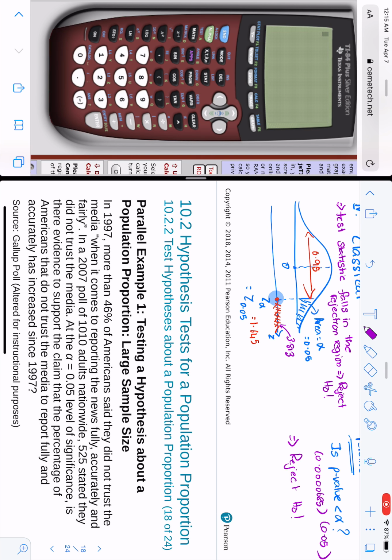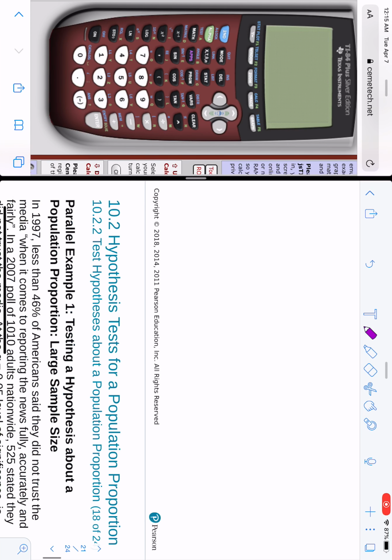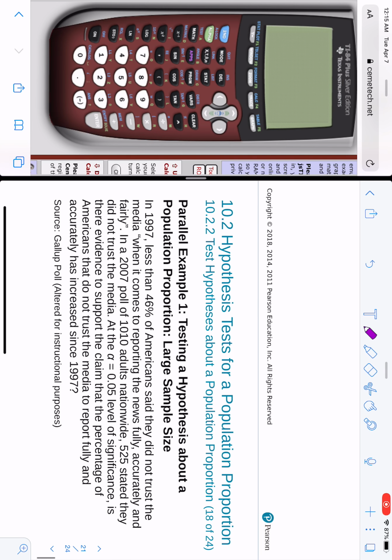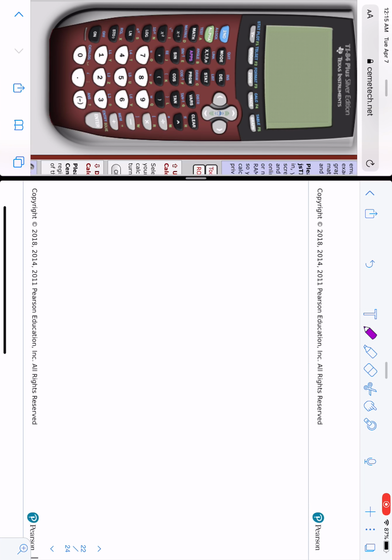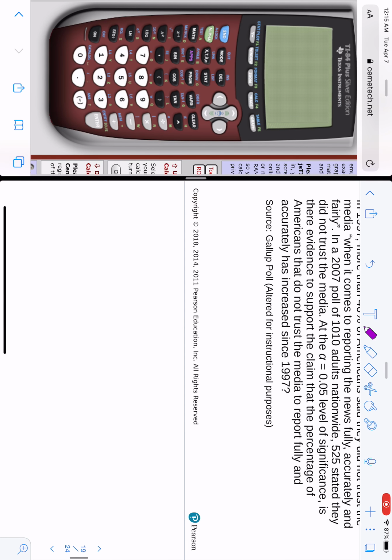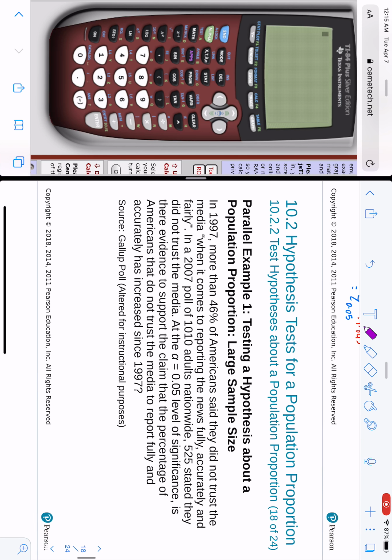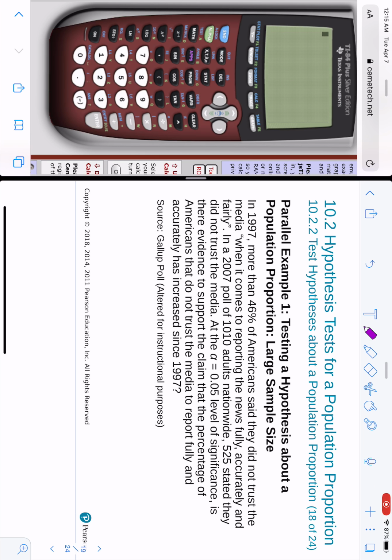So what I've done here, I've copied the same example, but I'm going to make a subtle change so you can understand the differences between the three tests.